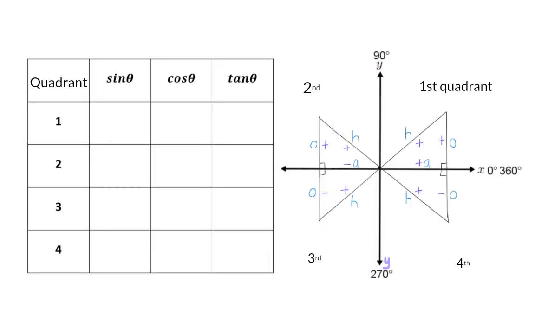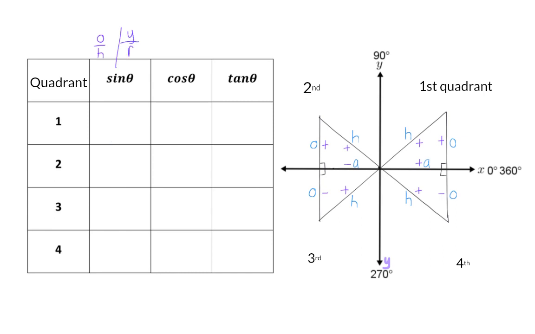Because the sides can now be positive or negative, it means the trig ratios can also be positive or negative. The sin ratio, which is defined as the opposite over hypotenuse, can now also be written in terms of the system of axes as the y value over the hypotenuse or radius.